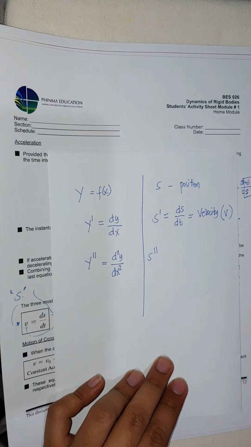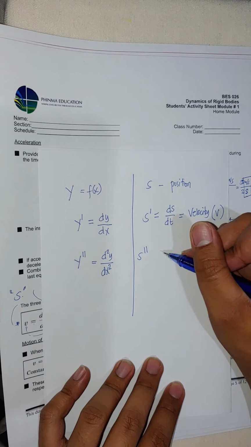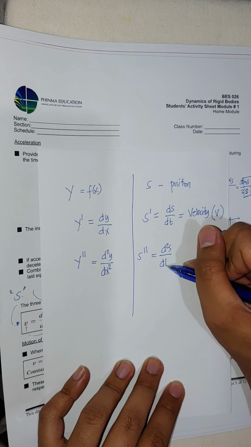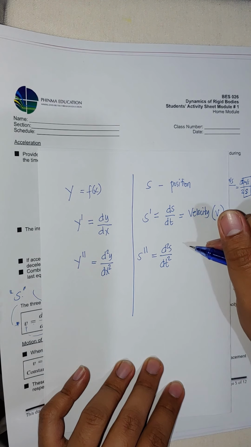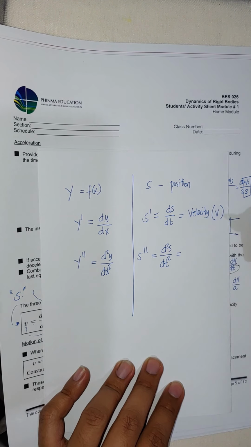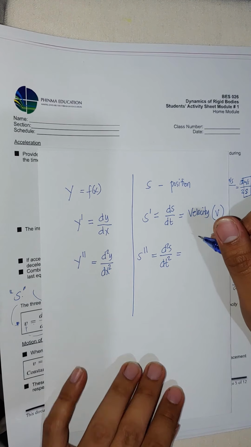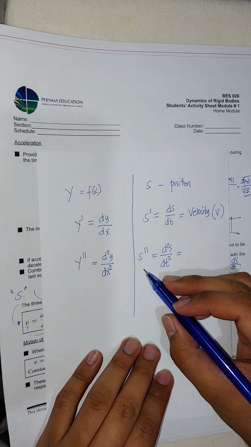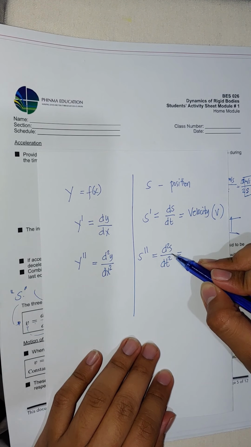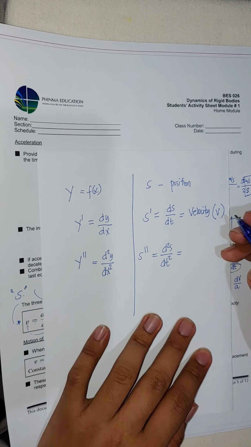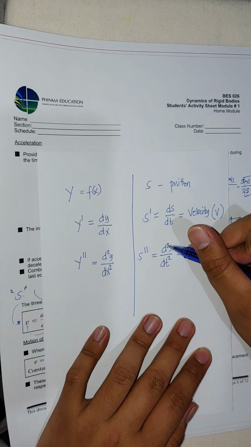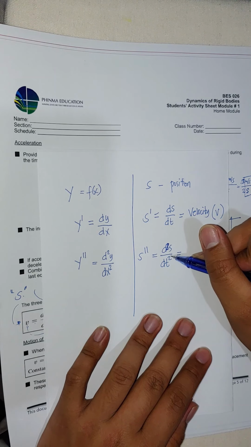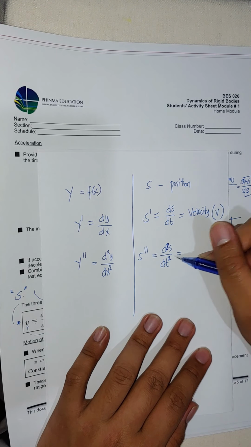The second derivative of the position is represented by d squared s over dt squared. It means that the position is derived twice with respect to time.